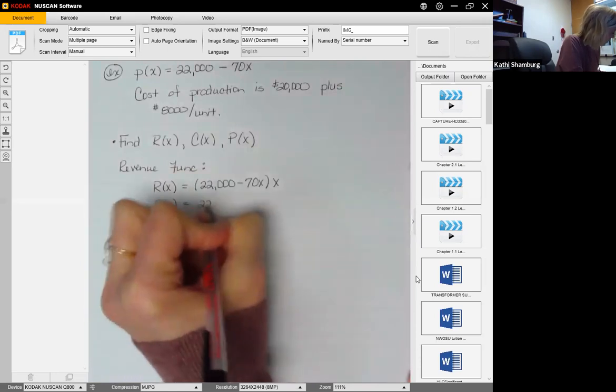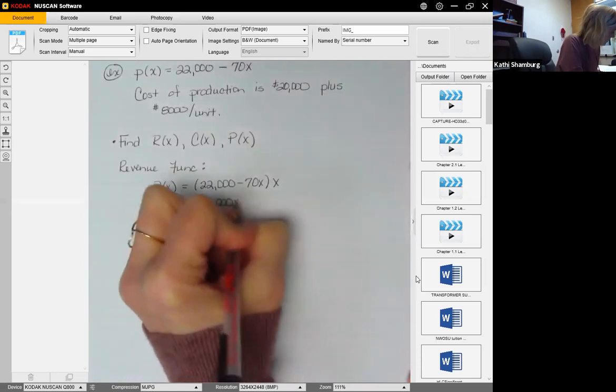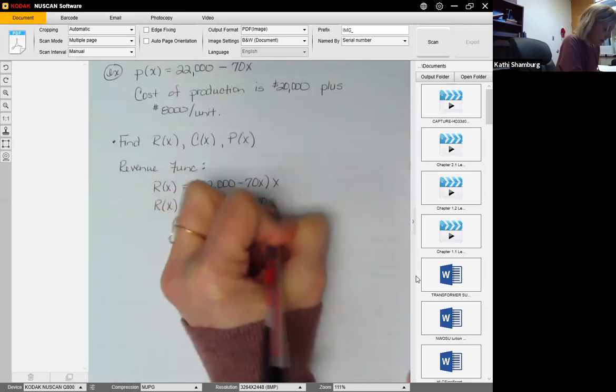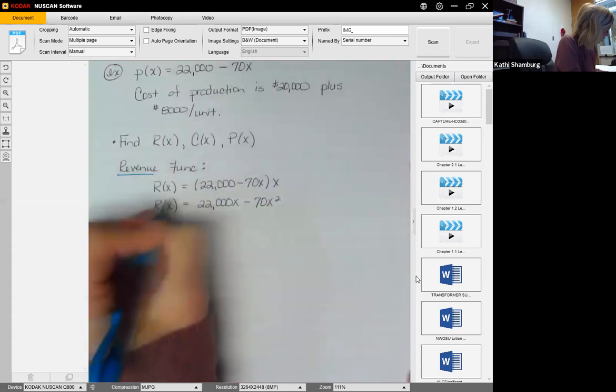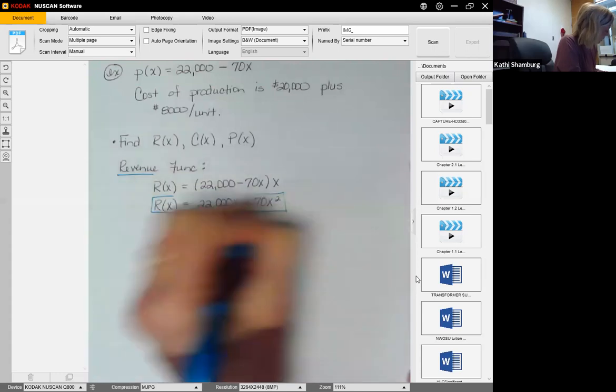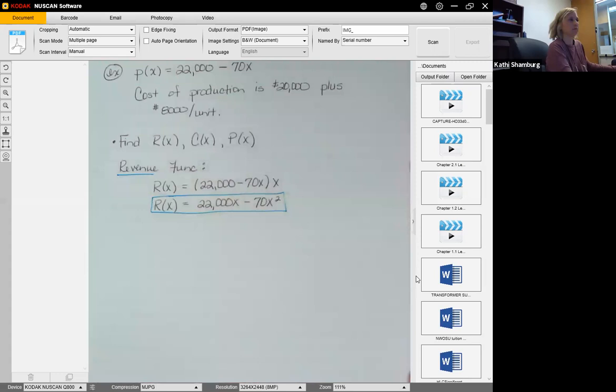So we would get 22,000 X minus 70X squared. So our revenue function is right there.